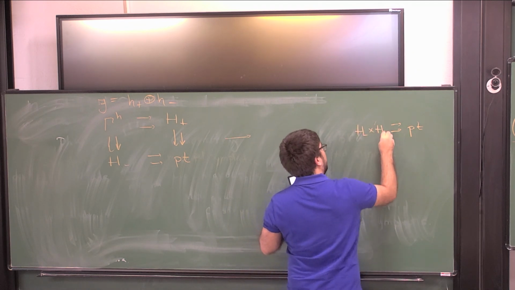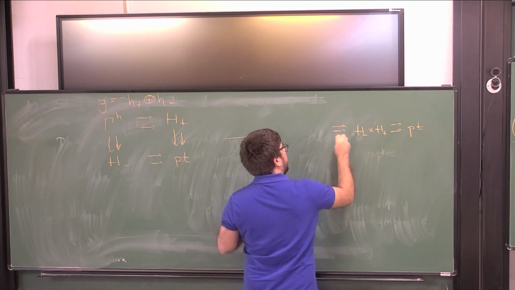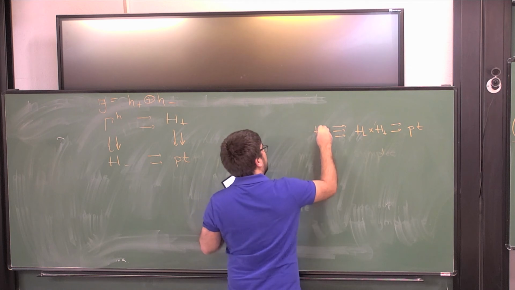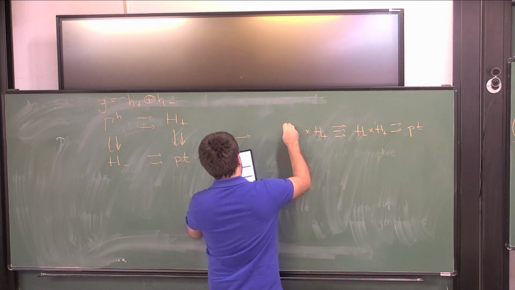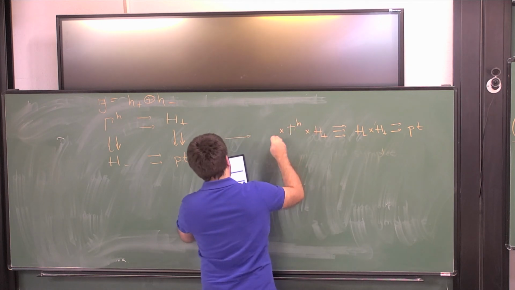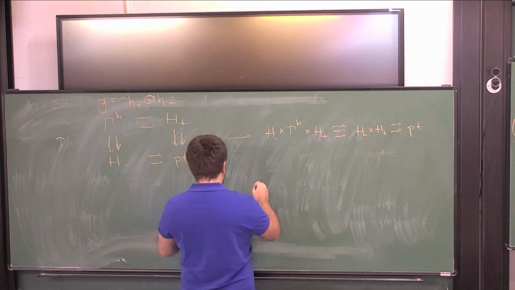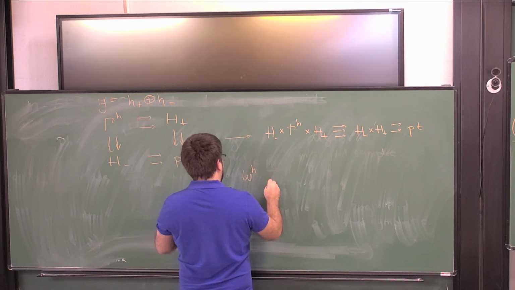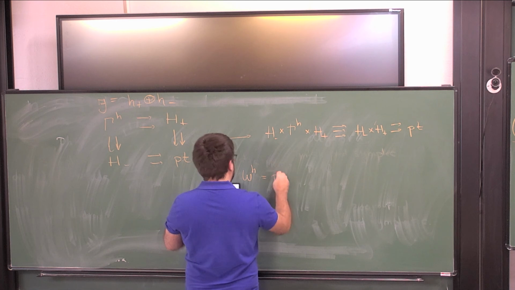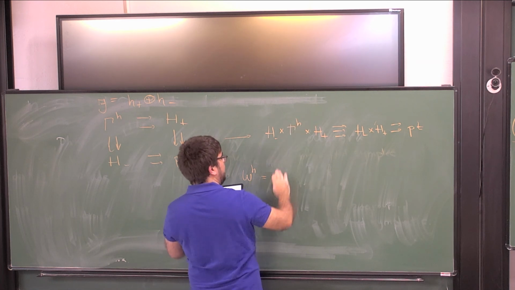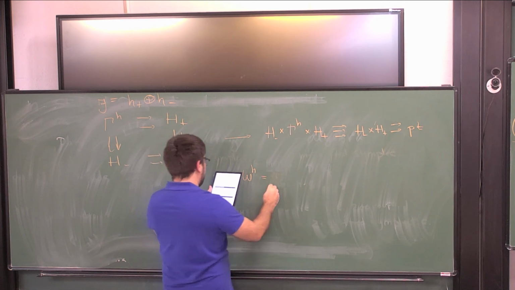H minus, H plus, and then I put here H plus times gamma bar times H minus, and then the two-form omega H is just the projection, so it just lives in the middle factor.